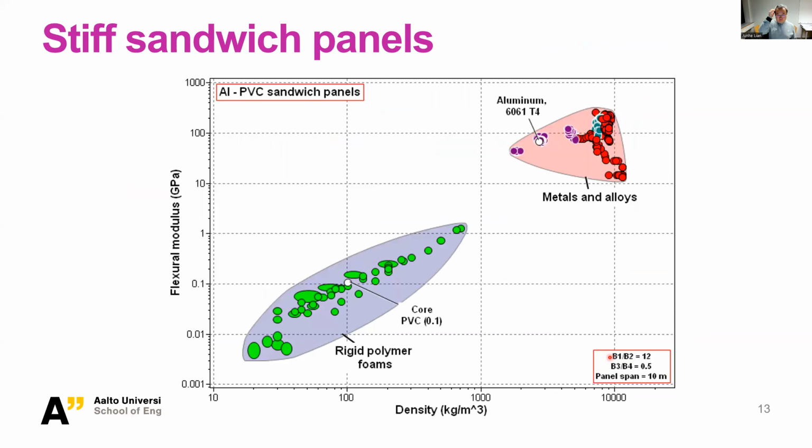So in this specific case, I'm just showing you how we improve the flexural modulus versus density. If we consider aluminum as material A, the face material, and the so-called polymer foams as the matrix, the core material, as you can see, the pure versions of both of them are quite far away.